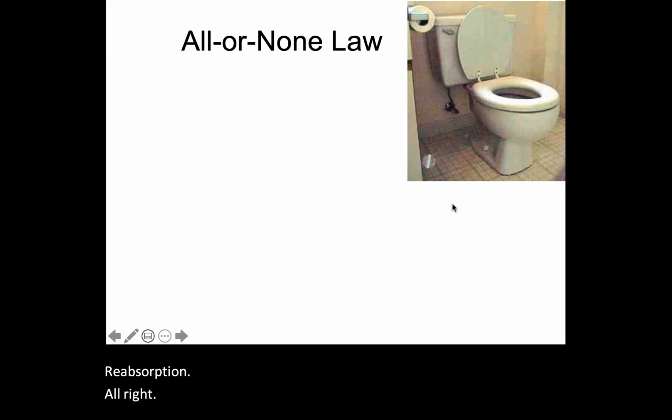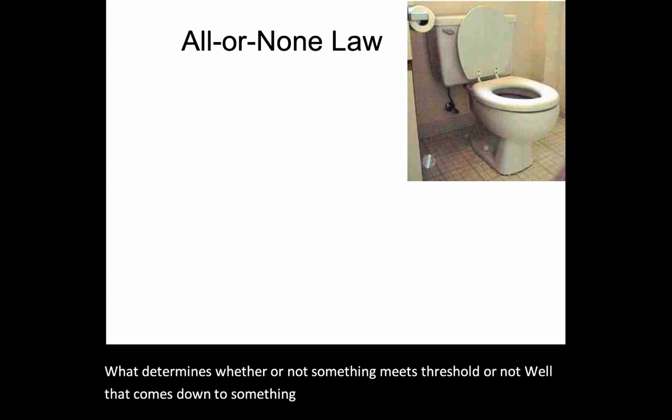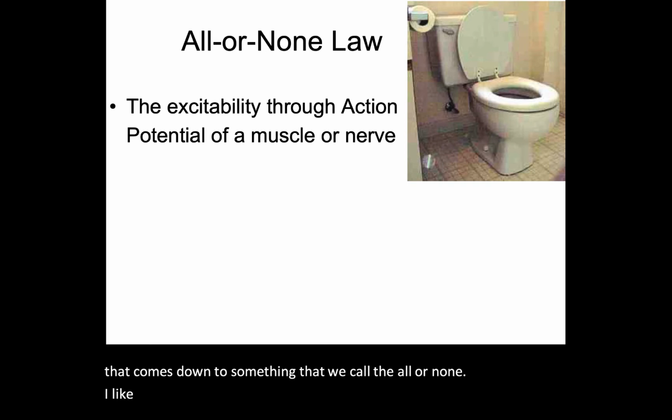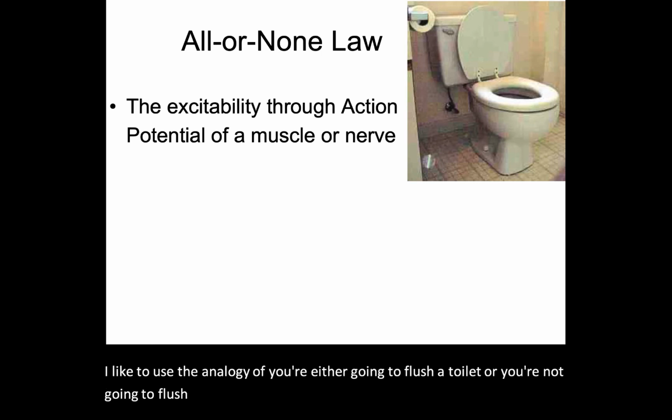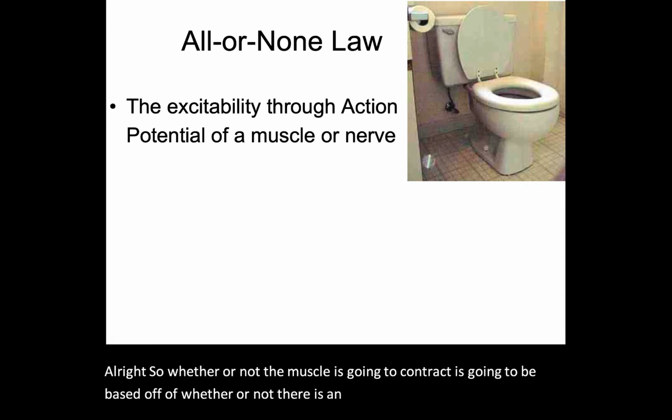All right. So what determines whether or not something meets threshold or not? Well, that comes down to something that we call the all or none hypothesis. Right? I like to use the analogy of you're either going to flush a toilet or you're not going to flush a toilet. All right. So whether or not the muscle is going to contract is going to be based off of whether or not there is an action potential. Again, all or none.